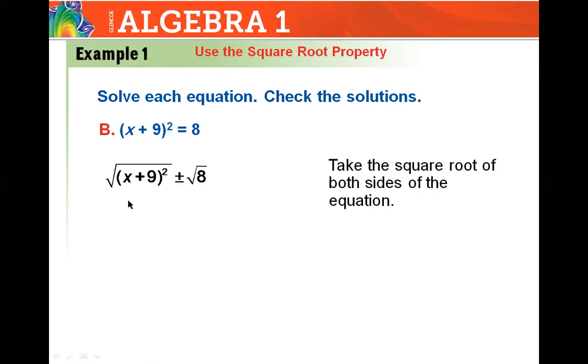So I make a square root for the right hand side and the square root for the left hand side. You understand this step? Okay. So the square root and the power 2 will remove each other. So I remove here and remove here. So the remainder is x plus 9 as you said.